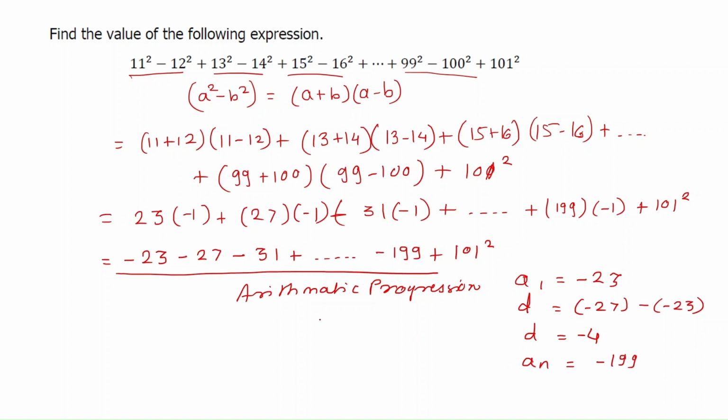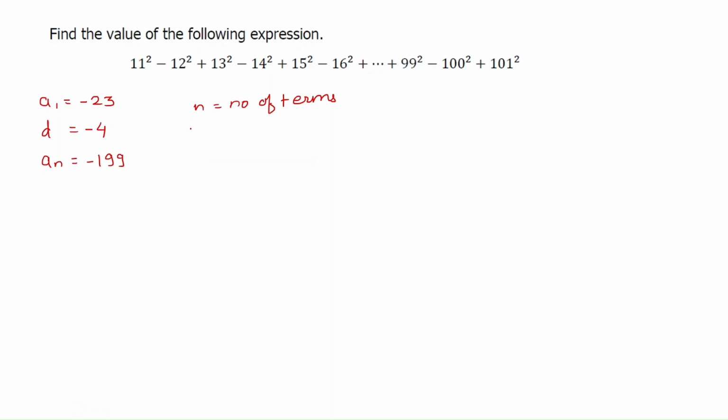So to find the sum of this arithmetic progression, we need to find the value of n, which is the number of terms, right? So let's see how to find the number of terms. To find the value of n, we'll use this formula: an is equal to a1 plus n minus 1 into d. So let's put the values.